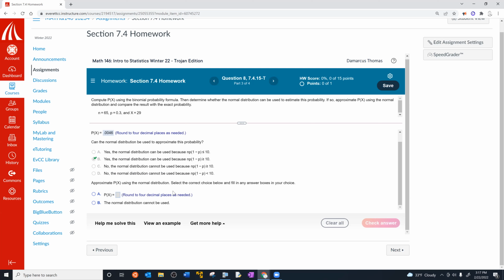The problem is we need to be able to figure out what values we're going to plug in to approximate it. So this is where it gets a little difficult. We need to know what values from this information we were going to plug in.